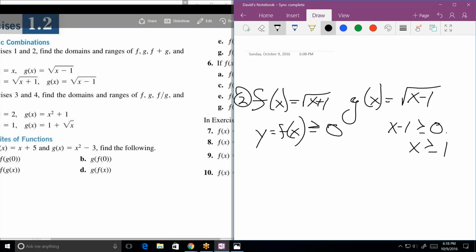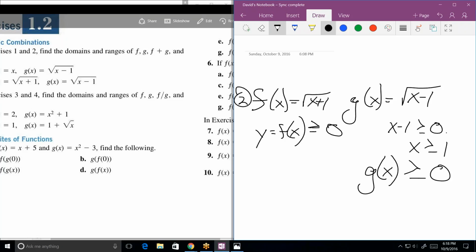What does g of x always have to be? Same as the other problem. A positive or a neutral? Yeah. g of x has to be greater than or equal to 0. In other words, x can be 1, making the part inside the radical be 0. So g of x would be 0.